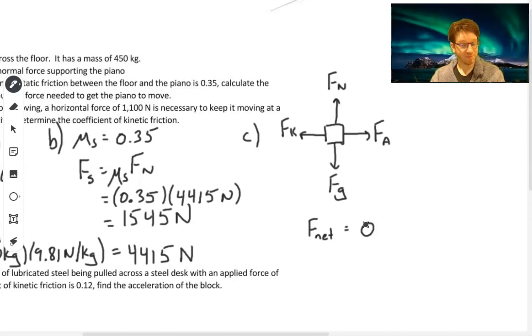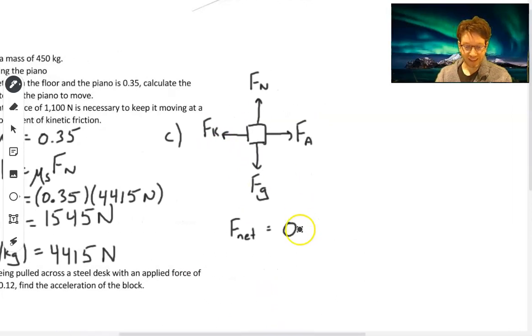It's the same problem. So that means if you look at our vertical component, you can see that the normal is still equal and opposite to gravity. It must be for them to add to 0. But now we can see in our horizontal component, the applied force must also be equal and opposite to kinetic friction. And we can solve for that here. Now, Newton's second law, when you find net force, you would add every single force acting on it.